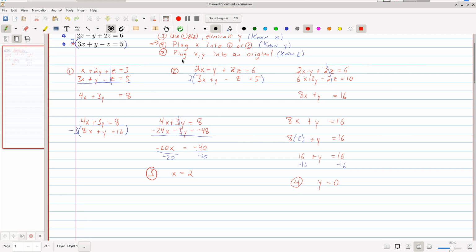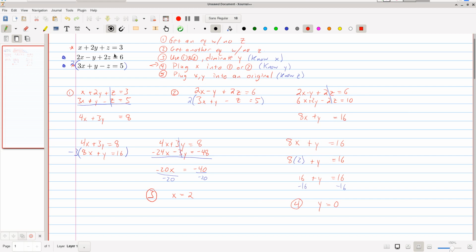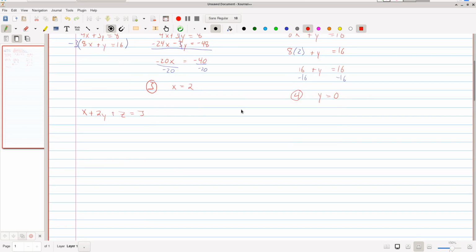So finally, step 5 is to plug the x and y values into one of the original equations to get z. If we go back up a little bit, the first equation had no coefficient on z. That's the one I want to use. So I'm going to copy that down here. x + 2y + z = 3. And I'm going to fill in the values that we've identified.